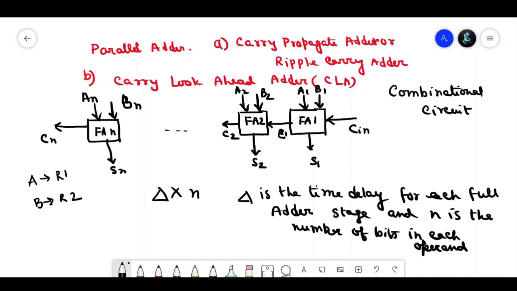Now we will discuss the carry look ahead adder, or CLA.